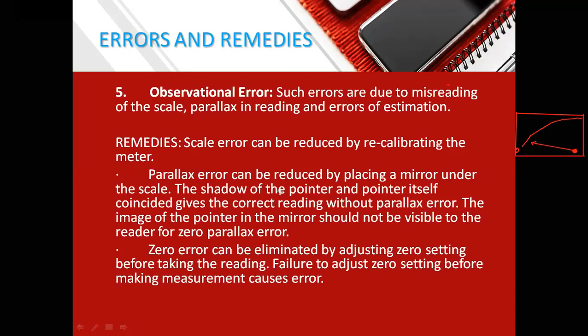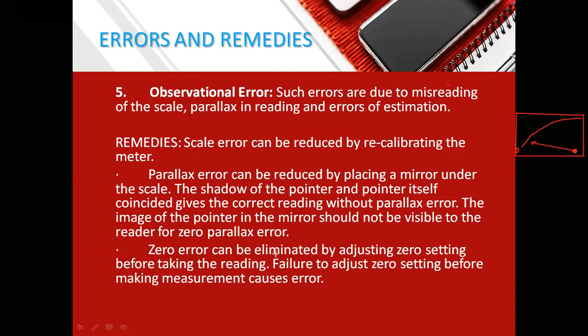The image of the pointer in the mirror should not be visible to the reader for zero parallax error. So we should not be seeing the image of the pointer. Then only we can say that the image and the pointer are coinciding.